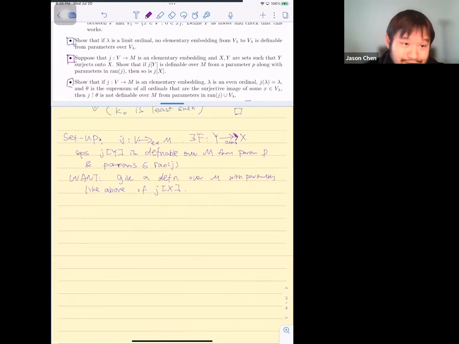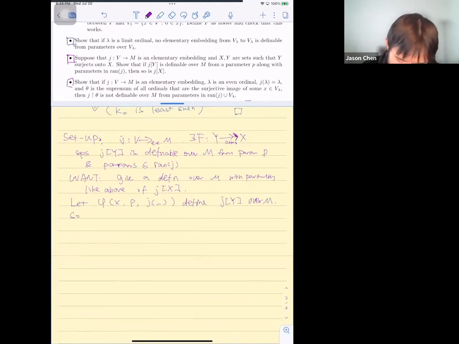So let me see if this works. So we observe, okay, we suppose so. Let phi X P and then J of something define J image Y over M.